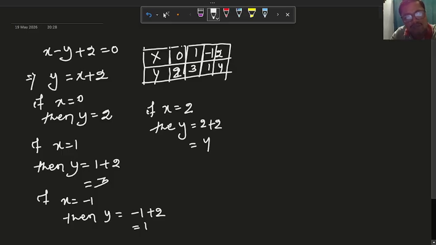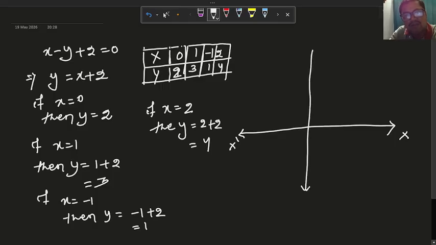If I draw here the x-axis, x dash x-axis, then the y-axis will be perpendicular to it. Here the point is the origin, then 1, 2, 3, 4, then minus 1, minus 2, minus 3, minus 4.